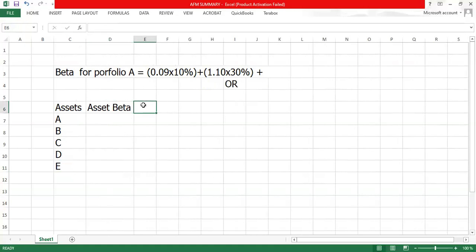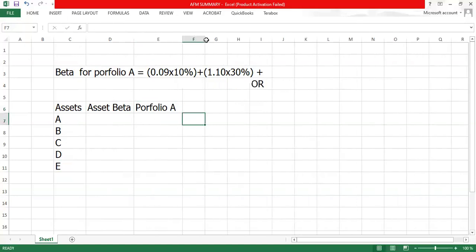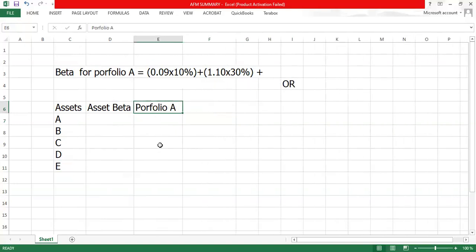Then I can put now the portfolio returns, portfolio A. So I will need to get the average beta, which will be here the overall beta.